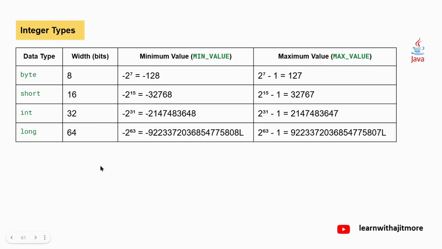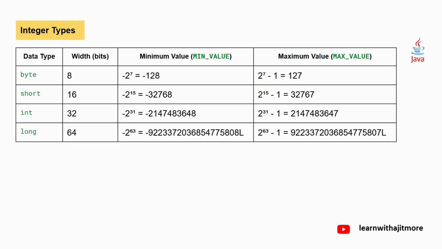Okay, I've given the table. Byte takes 8 bit, minimum value minus 2 raised to 7 to 2 raised to 7 minus 1. Same way short. It is 16 bit. So minus 2 raised to 15 to 2 raised to 15 minus 1. It is total 64K.